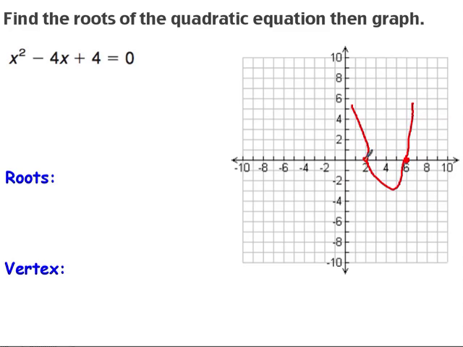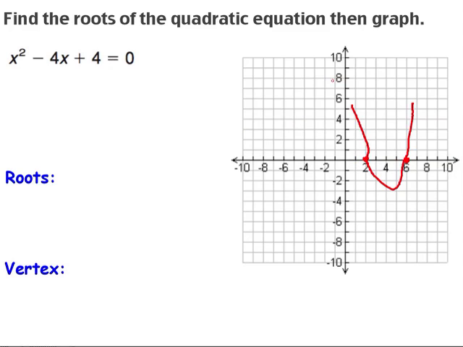Now those 2 points right here are called zeros. If you remember from the last section, we call them zeros because they happen where y is equal to 0 right here. Also, these numbers, when I put them into the quadratic equation, I get the quadratic equation to be zero.